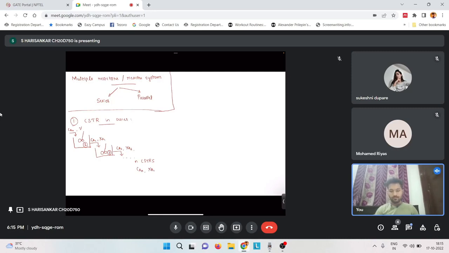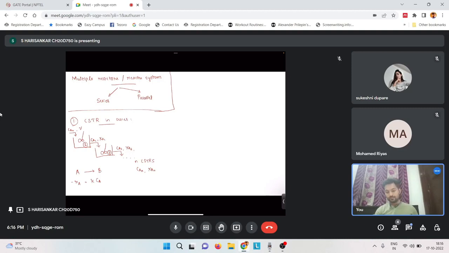One thing we need to note here is that there is a reaction happening. Let's assume that the reaction is a first order reaction, say A gives B, and you can write the reaction rate as minus Ra is equal to KCA.